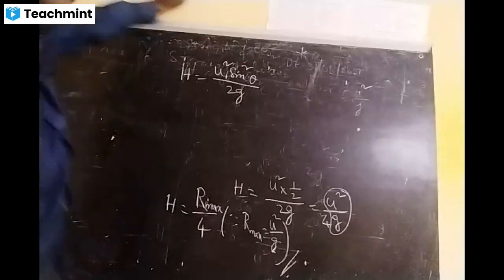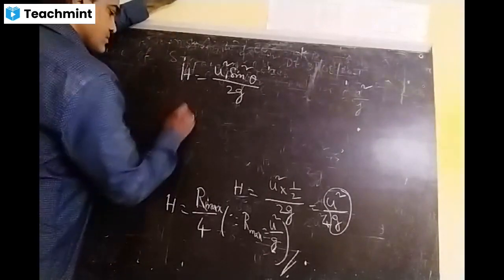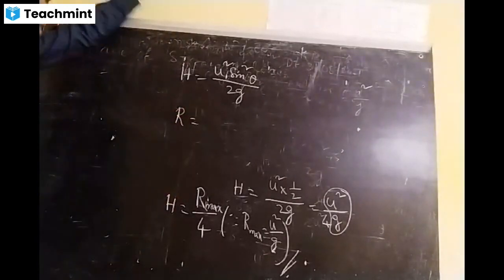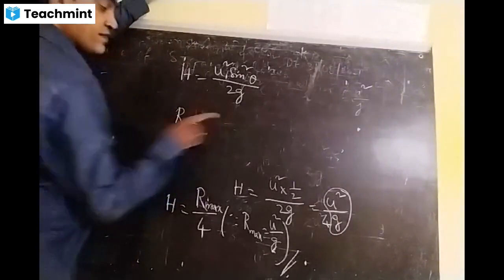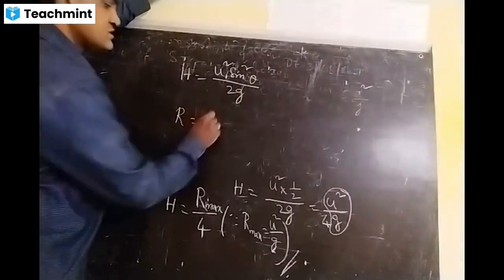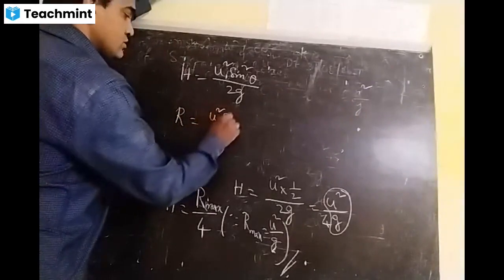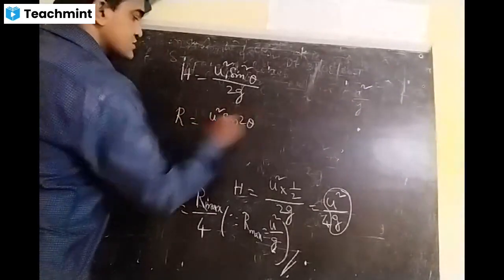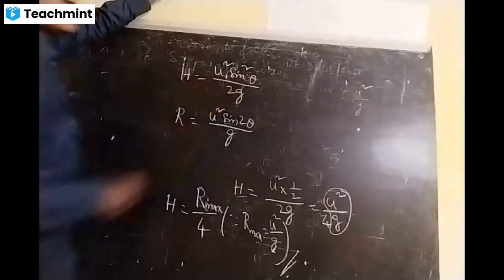What is your range? Not maximum range, I'm asking range, simply range. R is U square sin 2 theta by g.